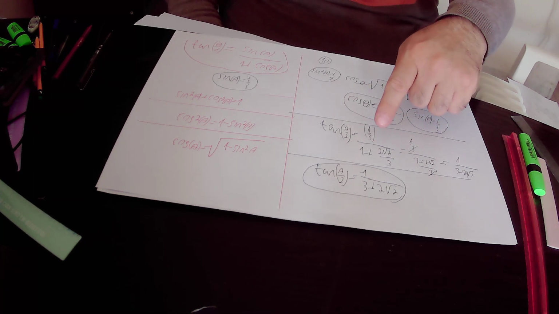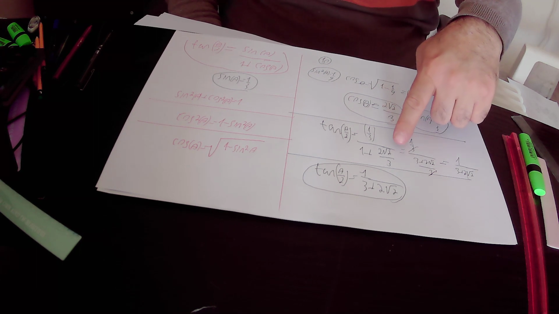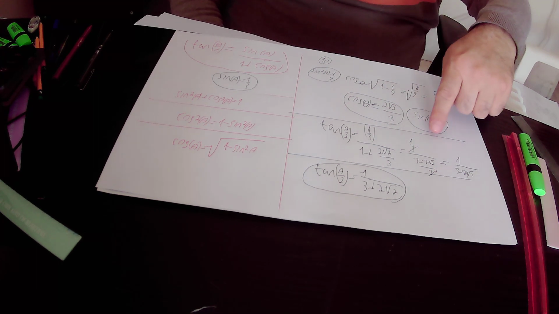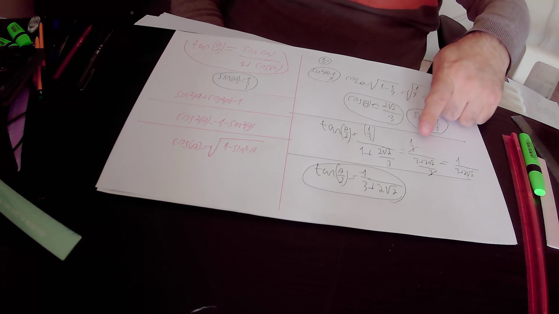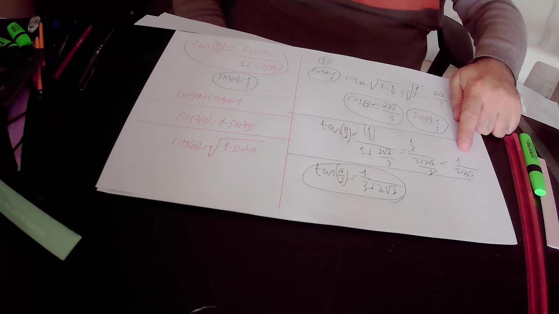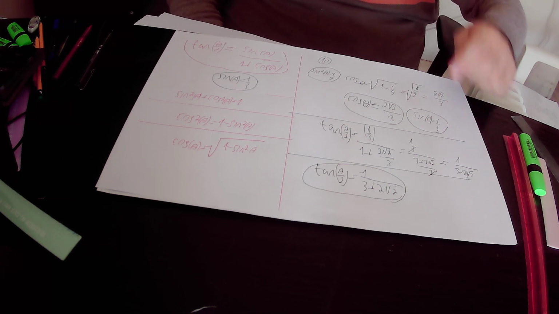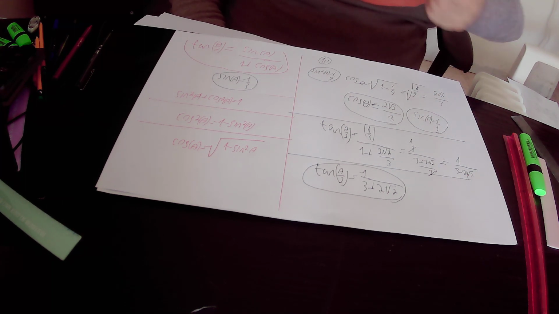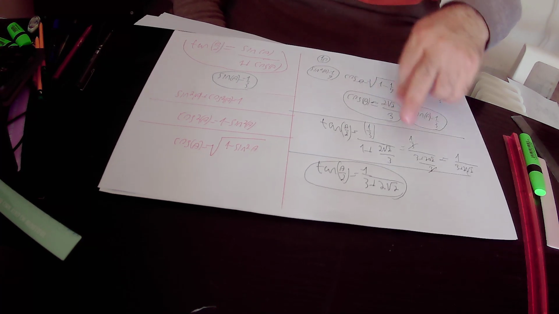First of all we multiplied 1 by 3, then we divided by 3 in order to have a common factor with this expression, and we got 1 over 3 over (3 plus 2 times square root of 2) over 3. We have 3 in the numerator and 3 in the denominator, so the 3 will get cancelled, and we're left only with 1 over (3 plus 2 times square root of 2). So in conclusion, we found that tangent theta over 2 equals 1 over (3 plus 2 times square root of 2). Then we simplified this expression.